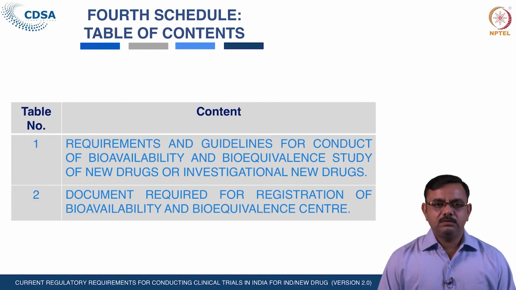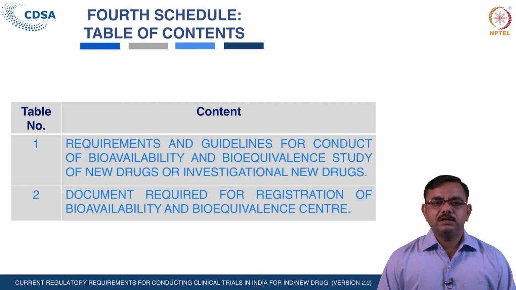We can have a look at this: the name and address of the organization, then documents regarding legal identity, then the list of SOPs and the list of employees, the infrastructure-related documents, and the details of the ethics committee from which they are going to have registration. Then the facility maintenance record is required to be submitted.